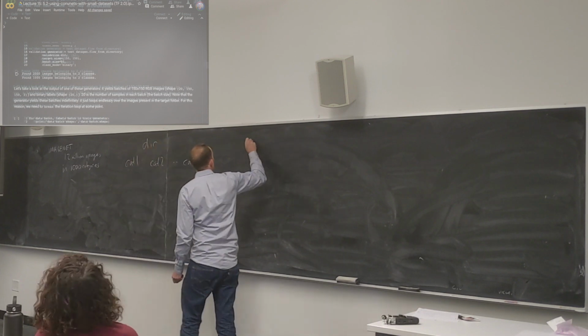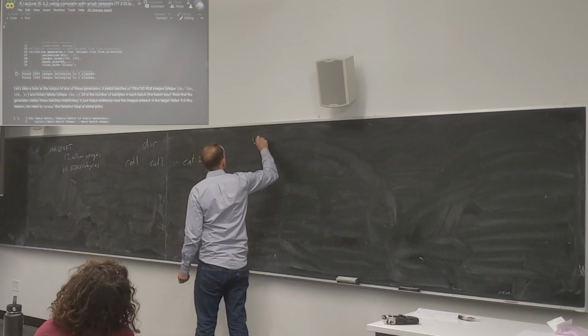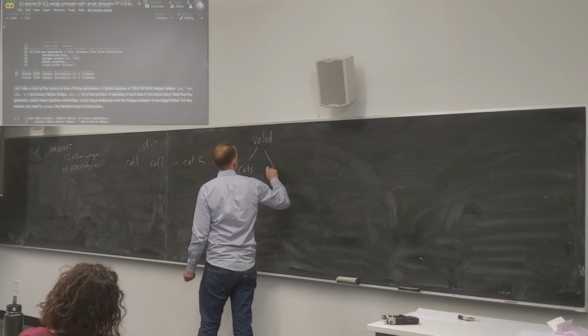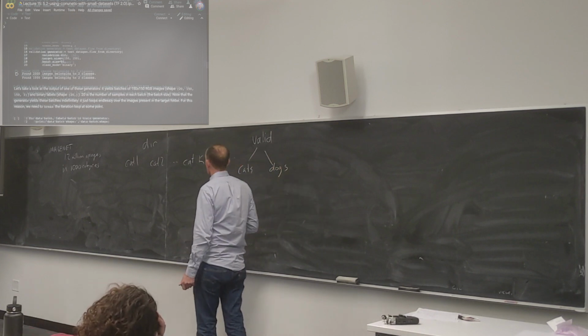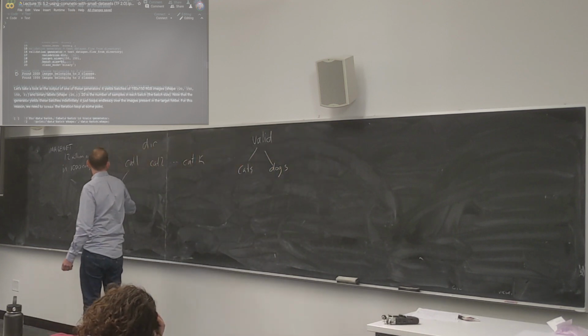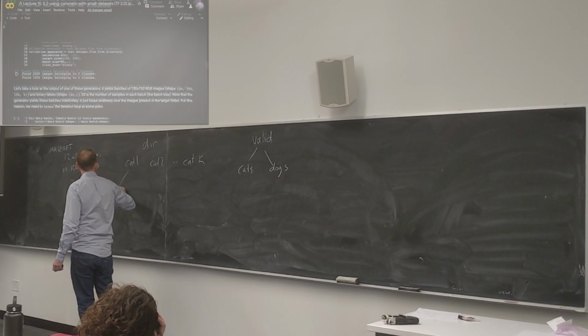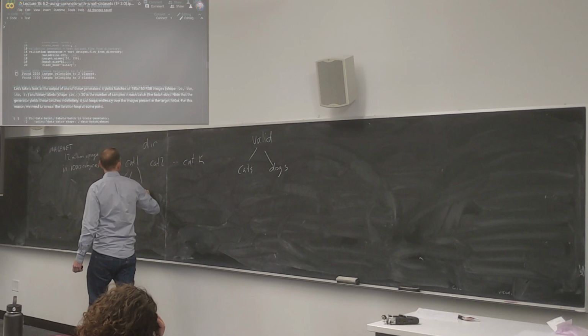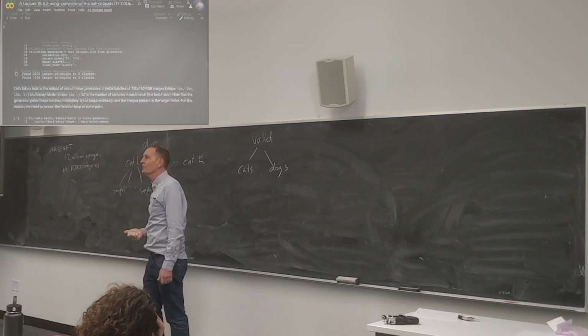So in our case, this might be, let's say, the validation directory, and we'd have cats and dogs. And then within each category, we have our sample 1 all the way to sample J, let's say, for however many samples we have.